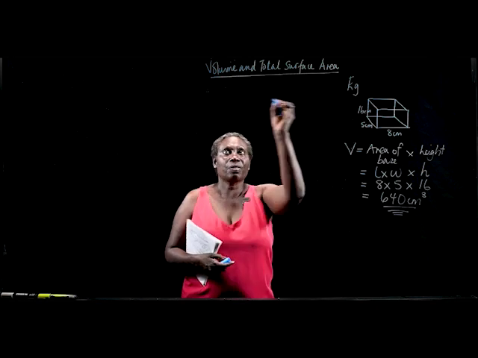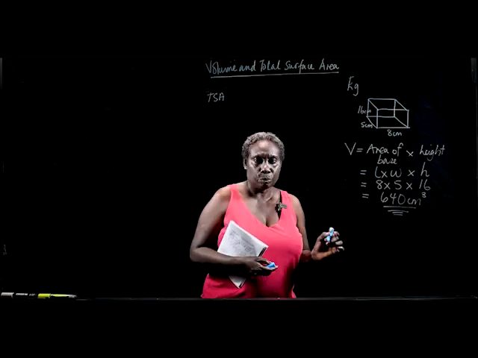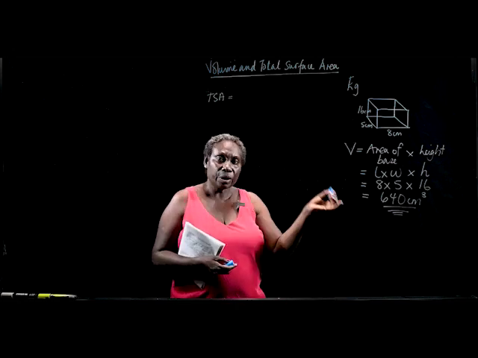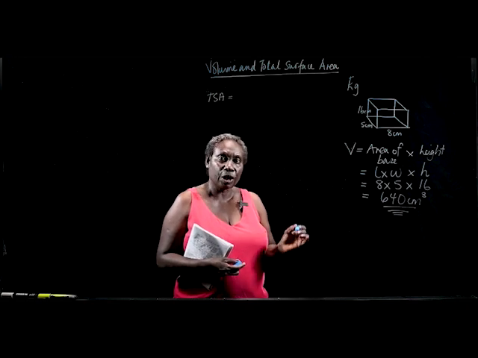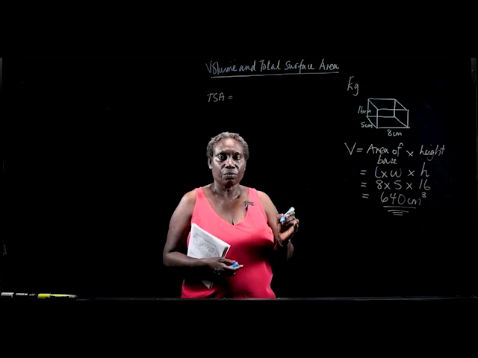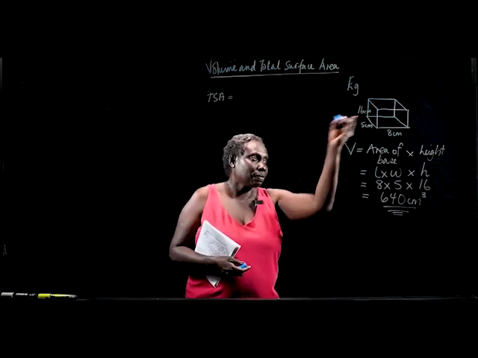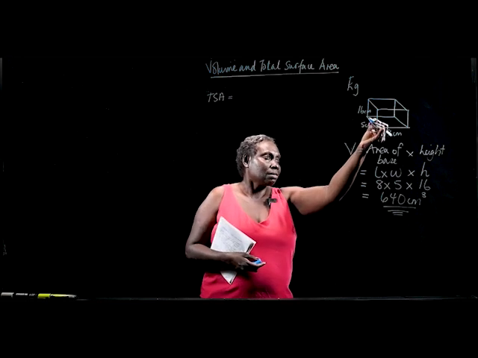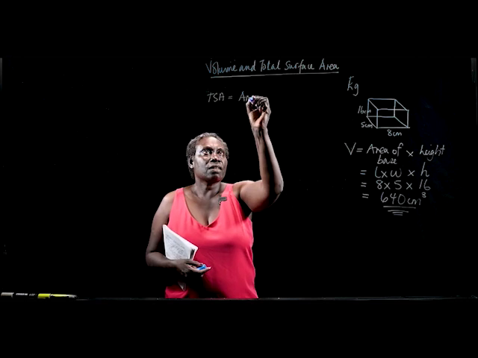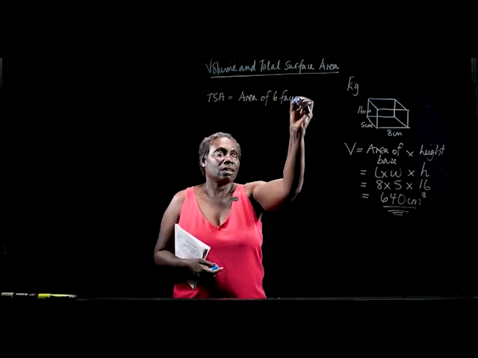Now, we are going to look at the total surface area of the cuboid. Now, how do we calculate the total surface area? We know that the total surface area of a cuboid is the sum of all the areas of the faces of the three-dimensional figure. Now, if we look at this cube here, we can see that it has 6 faces, so the total surface area is the area of 6 faces.